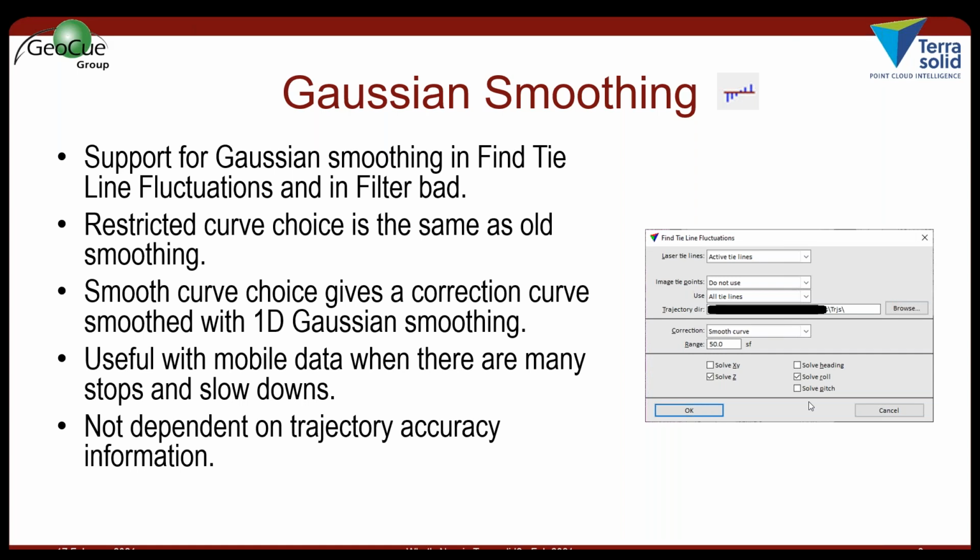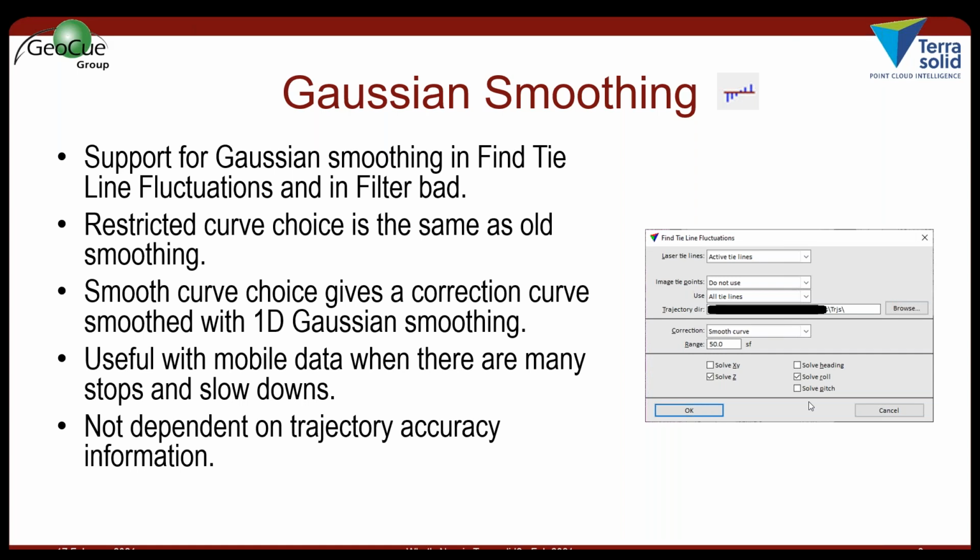Restricted Curve is where you use the trajectory accuracy that's associated with the trajectory. So you do need the accuracy information in there, or you need to have set it. There's been a few different things added into the product for being able to set and adjust those accuracy values. And then you can use those to limit the rate of change.